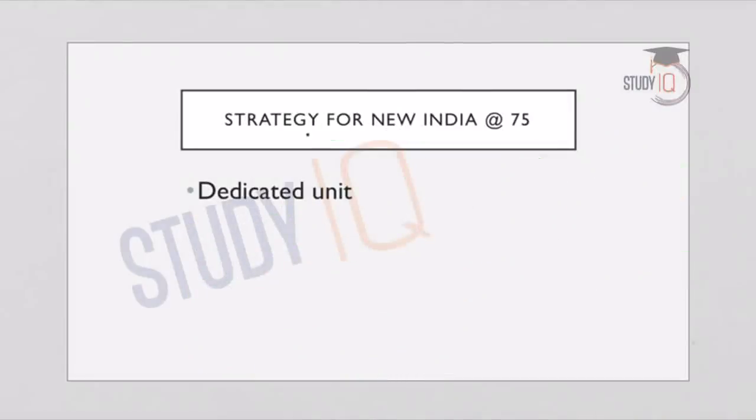And also in the Strategy for New India document, released by Niti Aayog, the Strategy for New India at 75 talks about the rate of development the country should attain at the 75th year of its independence. So Niti Aayog suggested that a dedicated unit should be established within the ambit of the Women and Child Development Ministry at the central level and in its state counterparts.